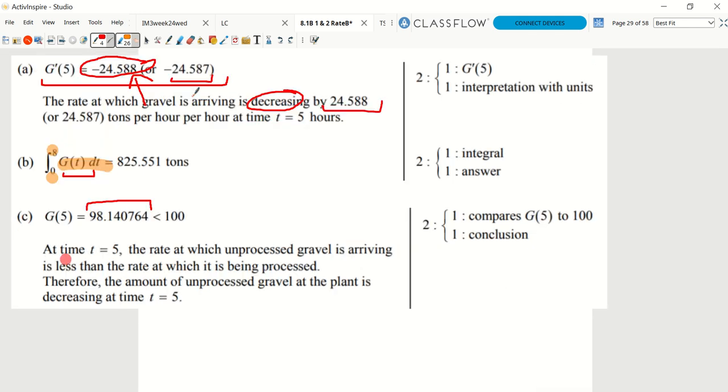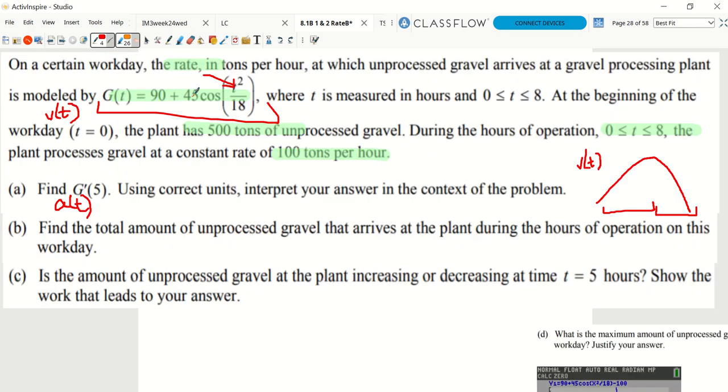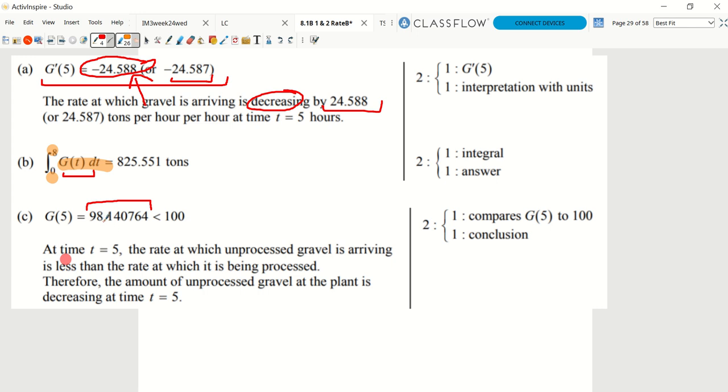I don't really agree with this wording. I know what they're trying to say, but I'm not a fan of this wording. So we plug it in and we get 98, right?